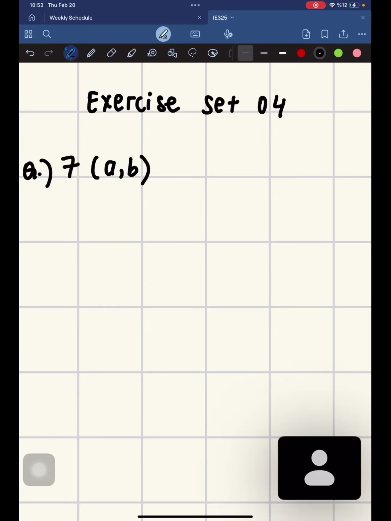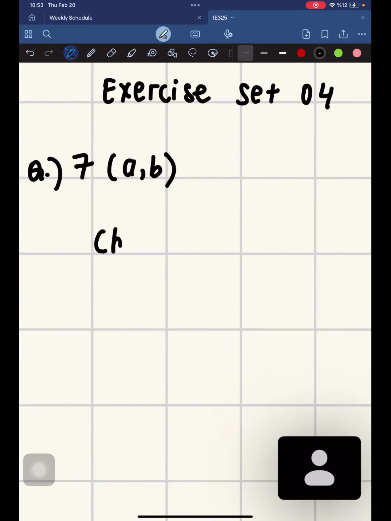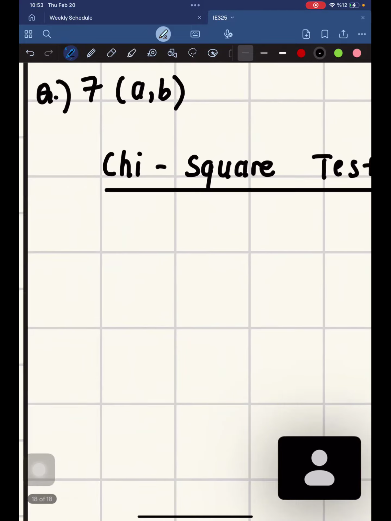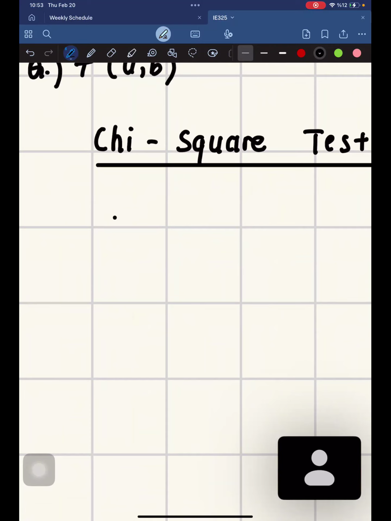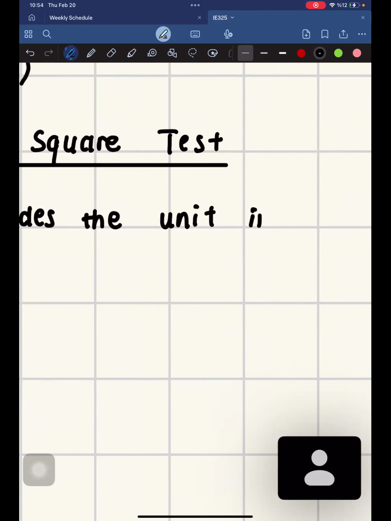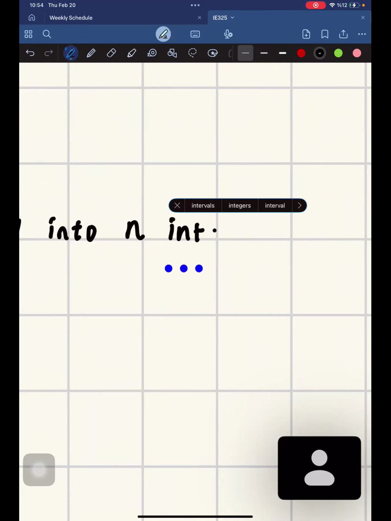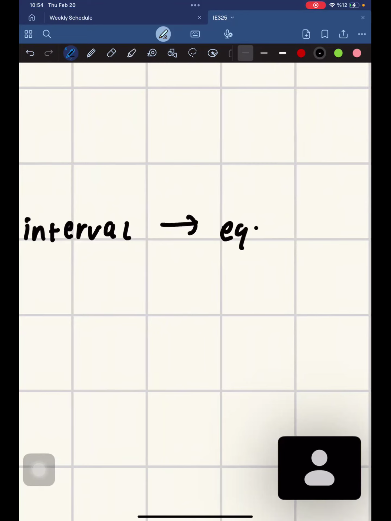Okay, for sub-question A, let's start. For the chi-square test, we have a sufficiently long random number sequence, and the chi-square test divides the unit interval into n intervals of equal length.